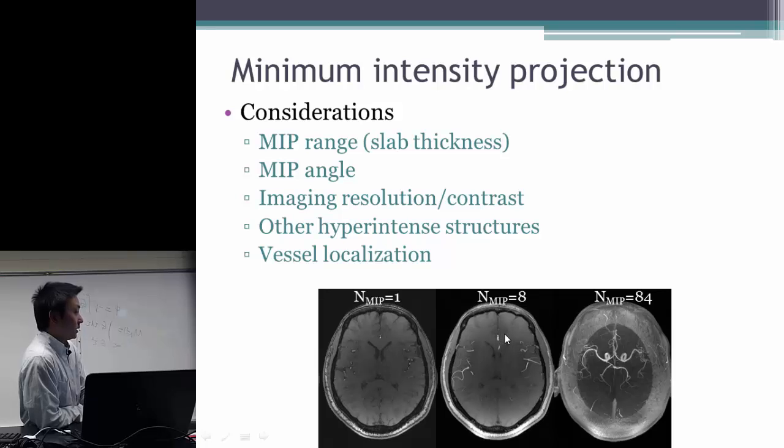Another problem of the MIP is that it's difficult to localize the vessels. For the single slice, you can definitely be sure that this particular segment of the vessel is located within this slice.